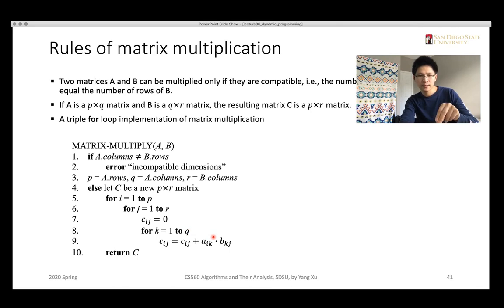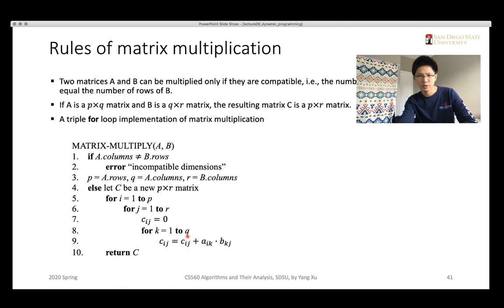for each element in that row and that column, we compute the dot product, right? So here on line 9, A_ik is the element in the ith row and kth column of A, and B_kj is the element in the kth row and jth column of B. Within the body of this j for loop, i and j never change, right?